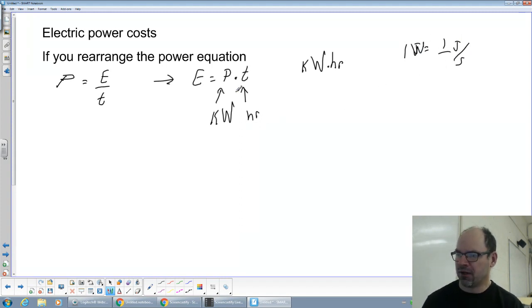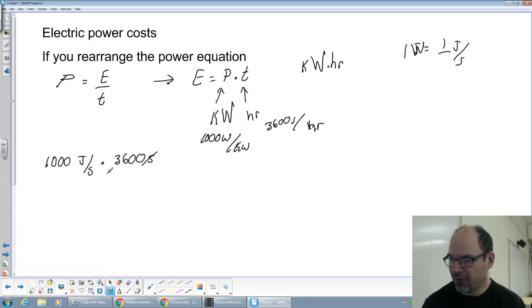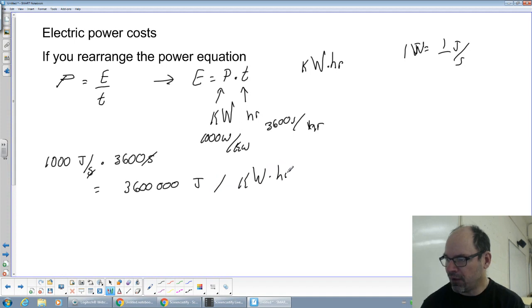If we're doing kilowatt hours, there's 1,000 watts per kilowatt and 3,600 seconds per hour. So if we multiply those two together, 1,000 watts or joules per second times 3,600 seconds, that's going to give us 3,600,000 joules per kilowatt hour.